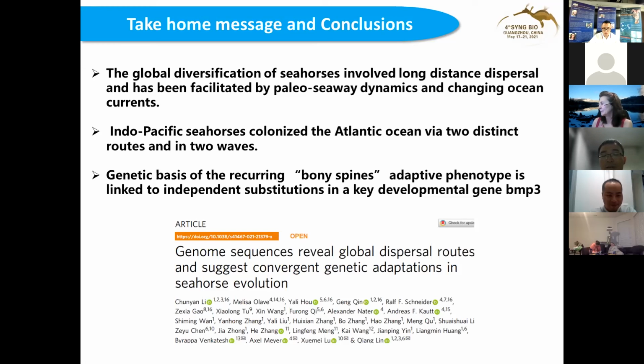The third is that the genetic basis of the recurring bony spines adaptive phenotype is linked to independent substitutions in a key development gene, BMP3. All of the work has been published in Nature Communications earlier this year. So if I didn't tell the details, you can find them in this paper.